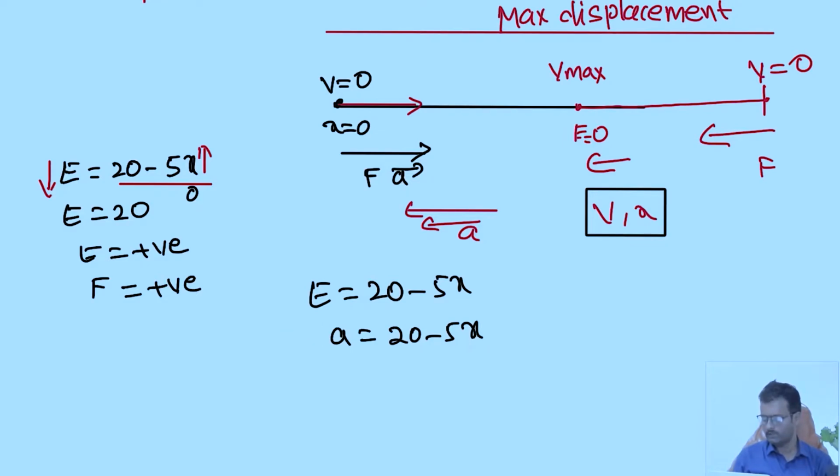So bring 0.1 to this side, then 0.1 is nothing but 1 by 10, so into 10. See here, in both terms we take the common 5. So 5 fours are 20, 5 ones are 5, into 10. So 10 into 5, that is 50.